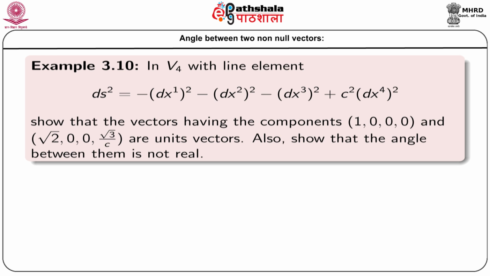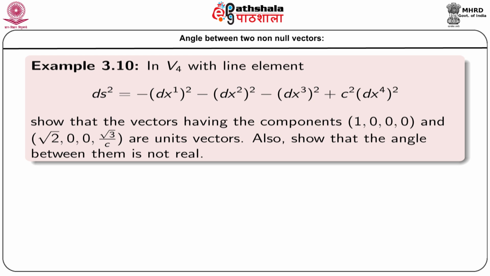Suppose we have the Minkowski space-time with the line element given by ds squared equals minus dx1 squared minus dx2 squared minus dx3 squared plus c squared dx4 squared, and the vectors have components 1, 0, 0, 0 and root 2, 0, 0, root 3 by c, and they are unit vectors.